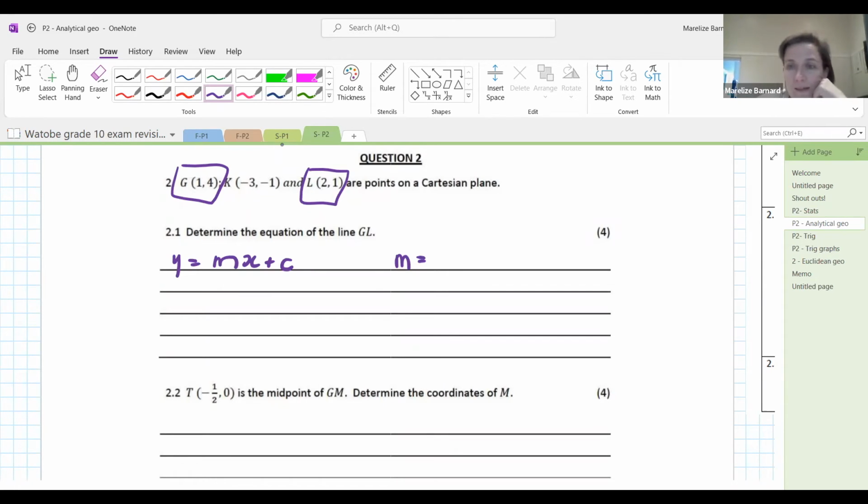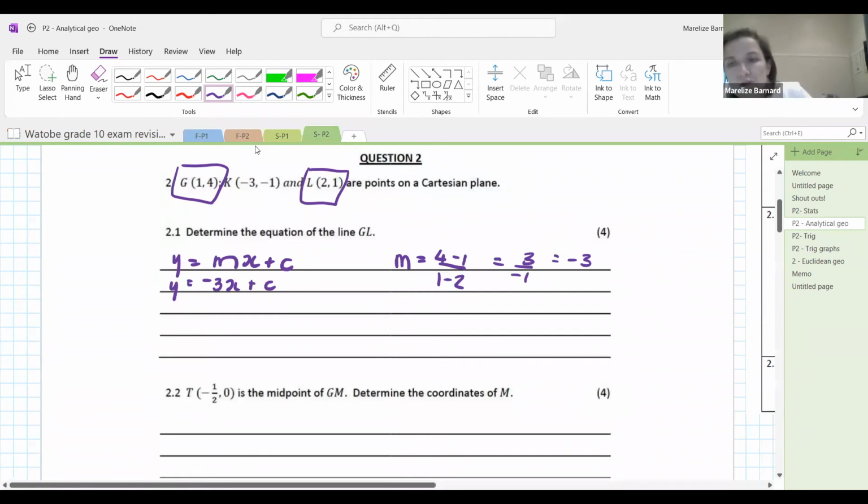Nice and quick. So we go 4 minus 1 over 1 minus 2. That gives me 3 over minus 1, and that is minus 3. Okay, so we can put that into our equation already.